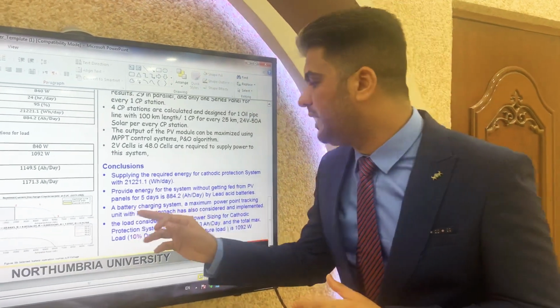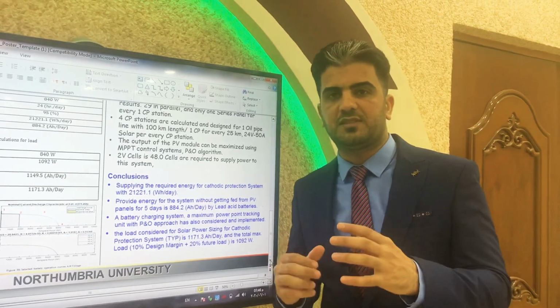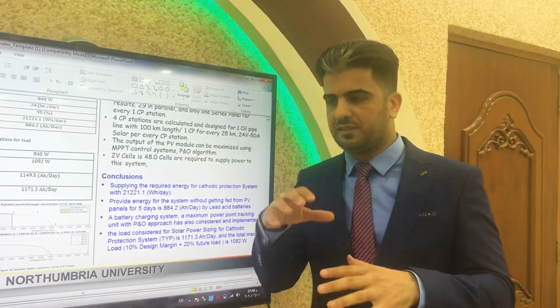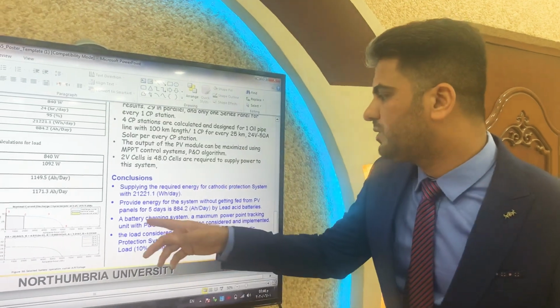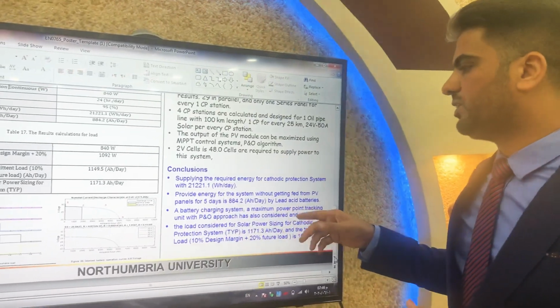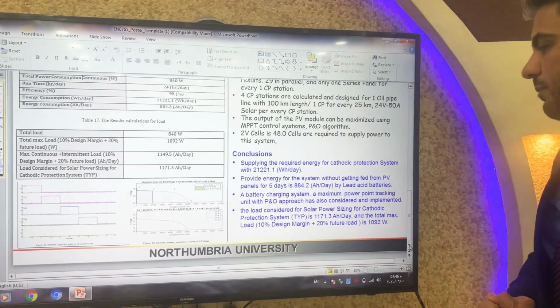I also use a battery charging system. It's very important to use a battery charging system to maximize transfer between PV and battery. So I use a battery charging system with a maximum power point tracking unit, with the P&O approach also considered and implemented.